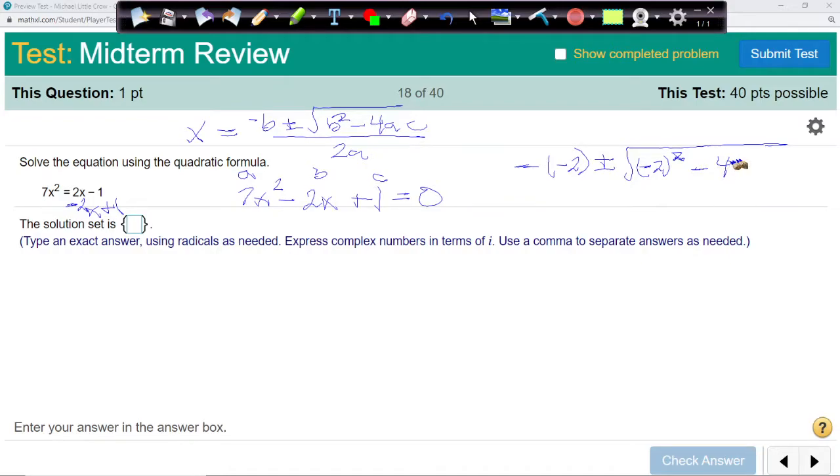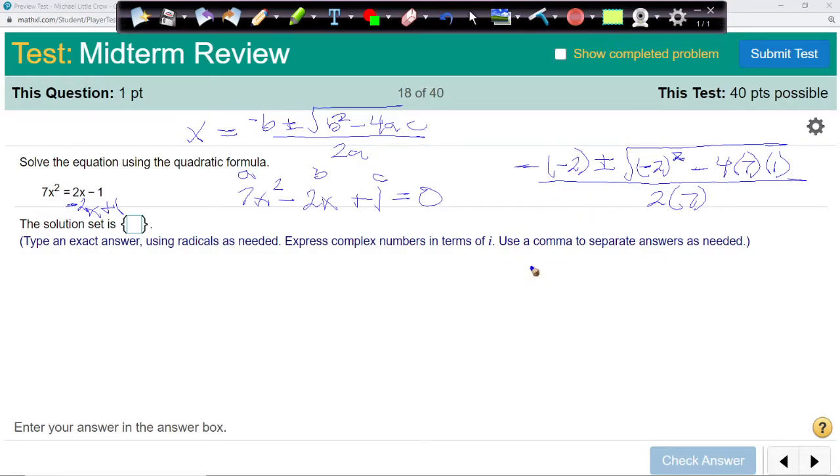Minus 4, a is 7, and c is 1. Looks like we're going to end up with a negative inside the square root, so we're going to end up with an i. All over 2 times a, 2 times 7.